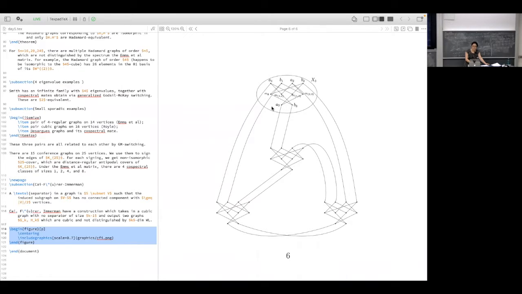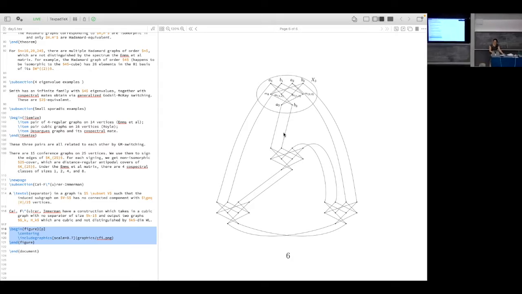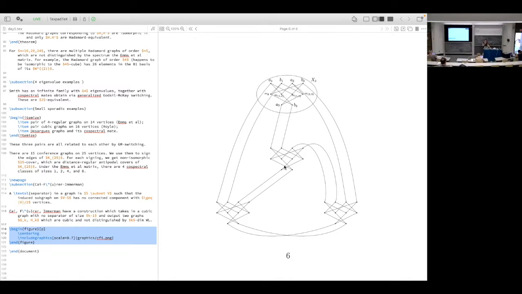Then for each vertex you name the edges somehow: the first, second, and third edge coming out of my vertex. For the next one, I also have the first, second, and third, and then I join the pairs. For example, for this vertex in the middle, I'm considering this edge going above to be the first edge leaving this vertex, so I'm connecting the A1s and B1s with A3 and B3 from the vertex here. And I get a huge graph.